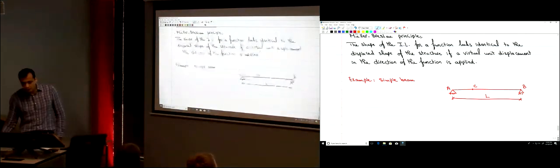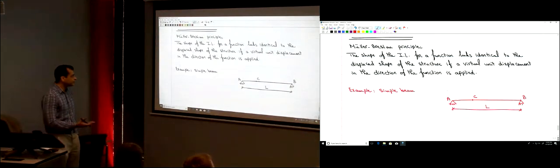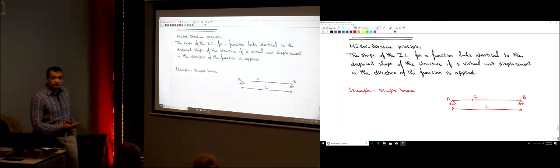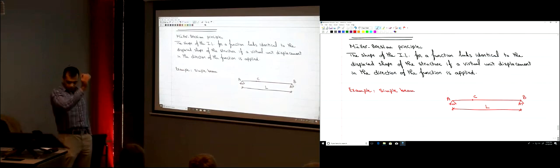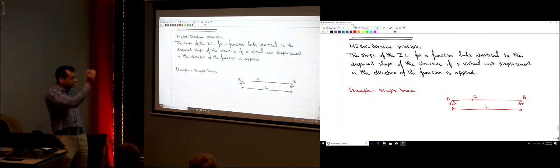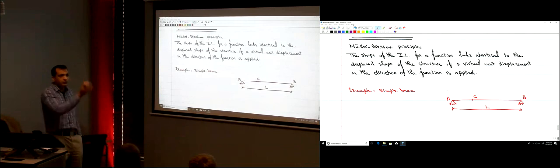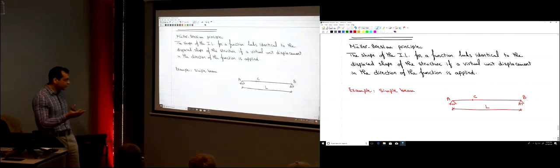What does the Muller-Breslau principle say? It says that if you want to draw the influence line for a function, let's say A_y, put a virtual unit displacement in the direction of that function. A_y is a vertical force at point A, it prevents the displacement of point A vertically, okay?